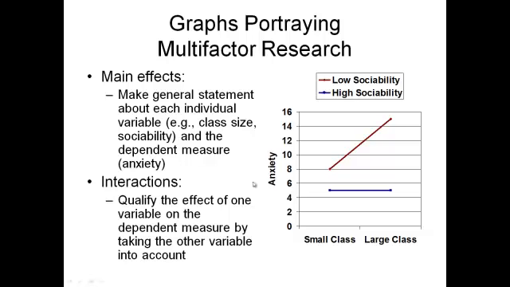Maybe you are going to suggest that students who are in small classes will have less anxiety than students in large classes. Perfectly reasonable to make that conclusion. Students in small classes have less anxiety than large classes. And if you look at the numbers here, you would say that would be true. And that would represent a main effect of class size.